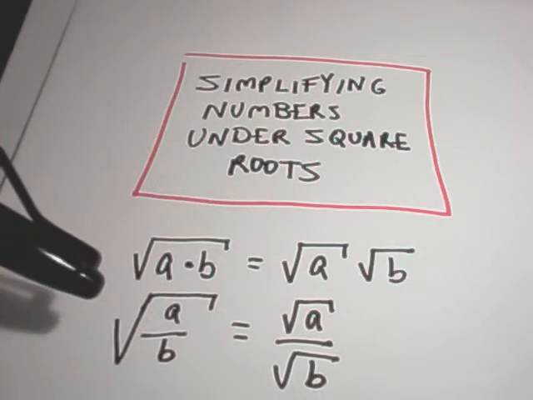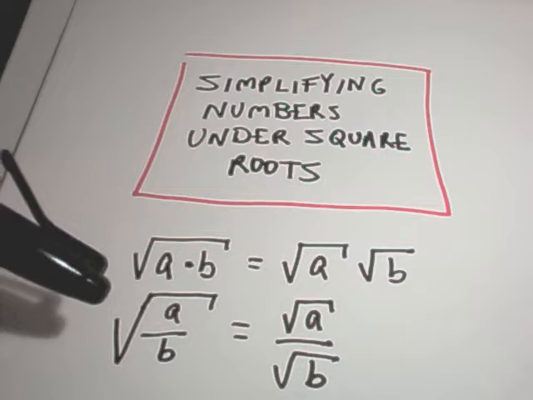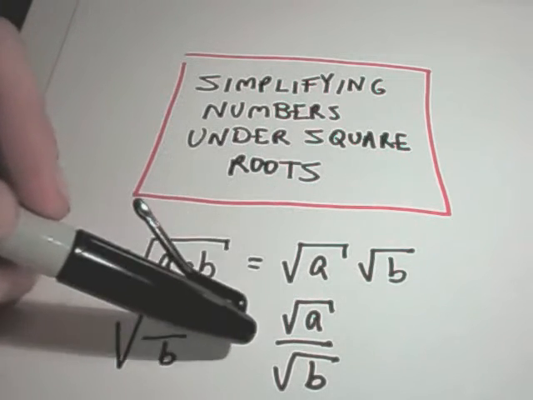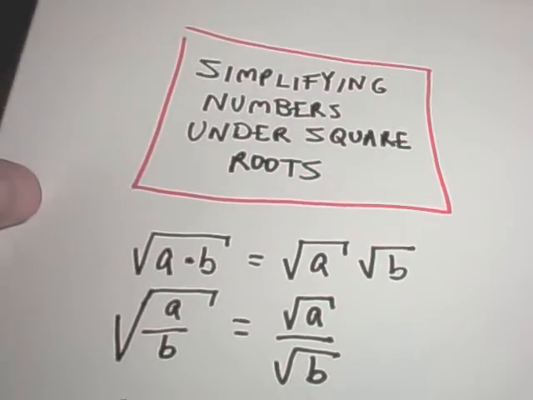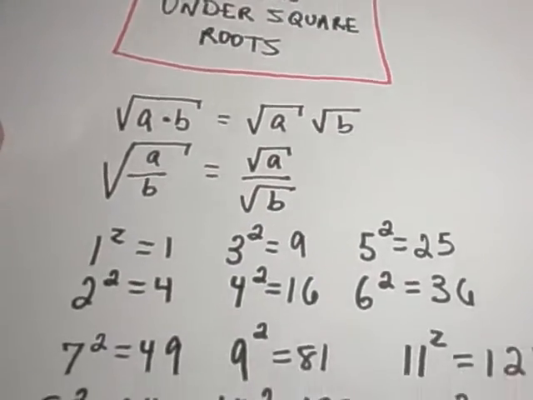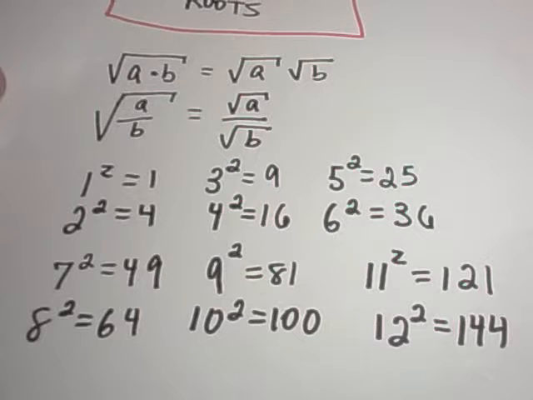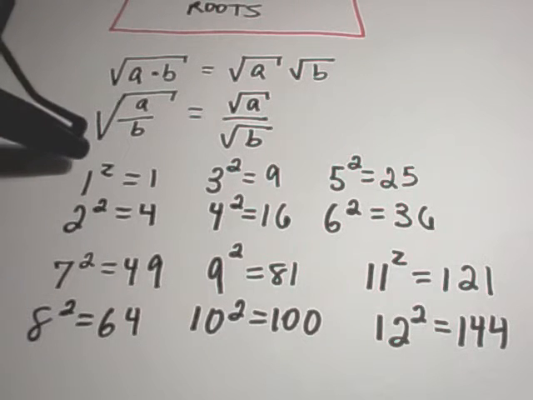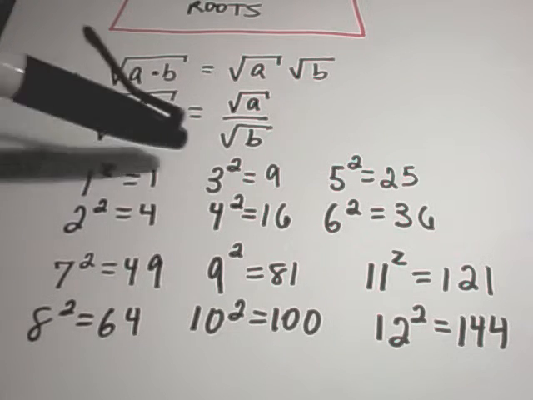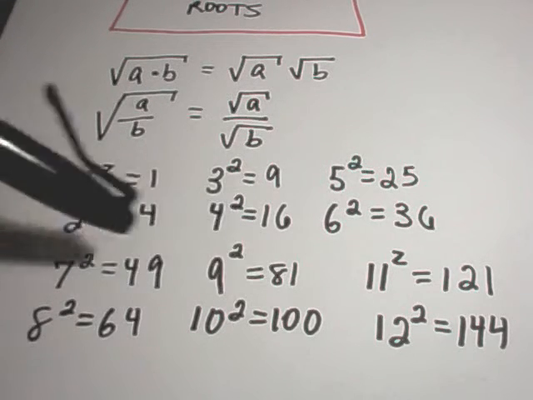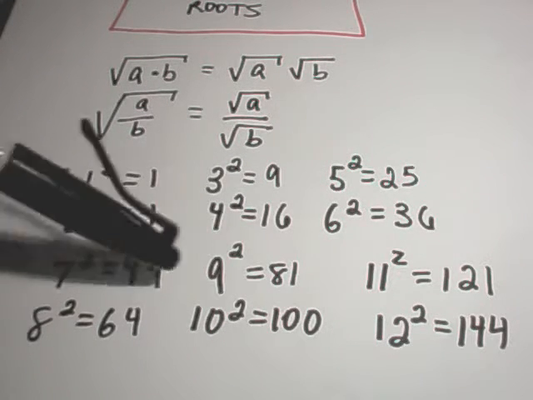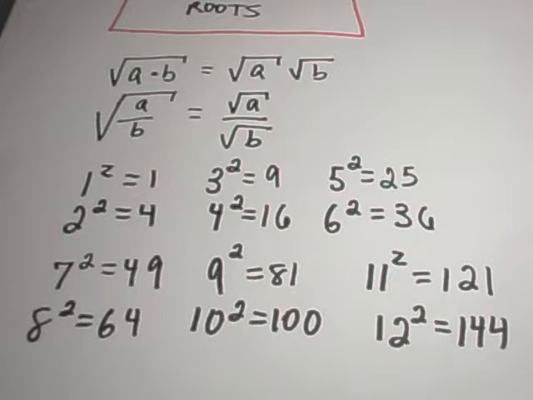Likewise, if you have a fraction, the square root of a divided by b, you can break that up into the square root of a divided by the square root of b. One thing that I think is pretty useful to know to do square roots is knowing squares of numbers. So 1 squared, 2 squared, 3 squared, 4 squared, 5 squared, 6 squared, 7, 8, 9, 10, 11, 12 squared.